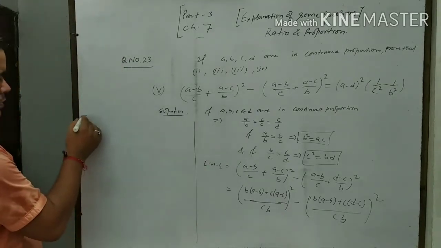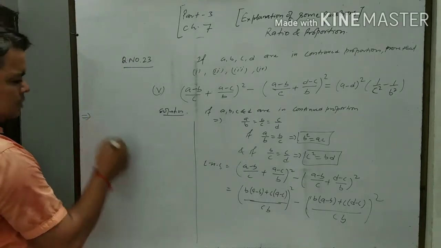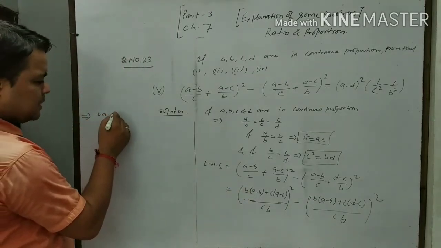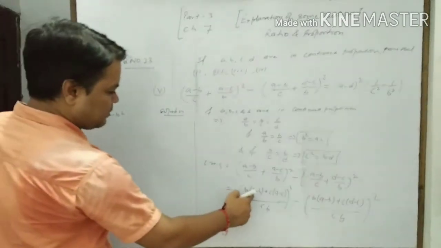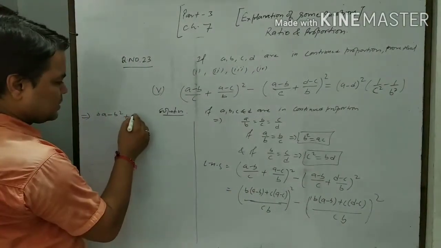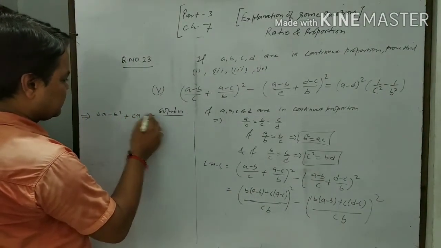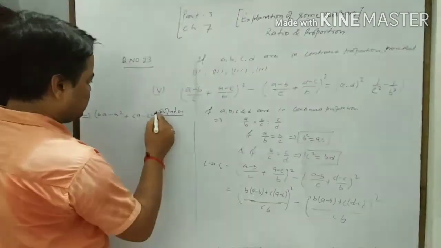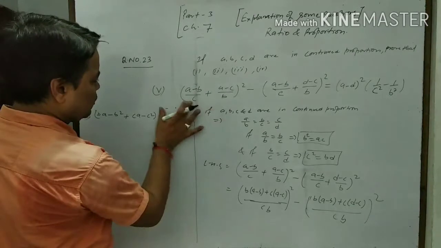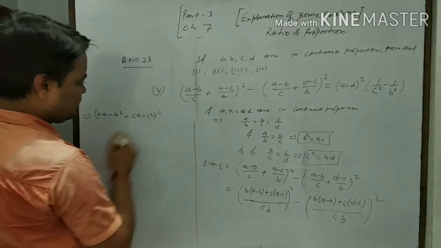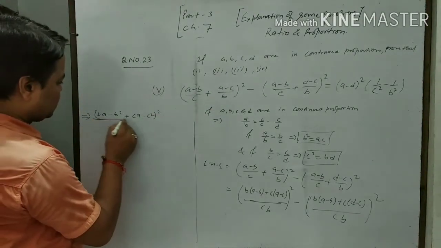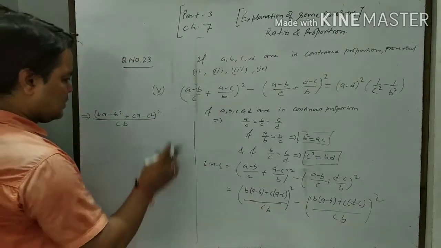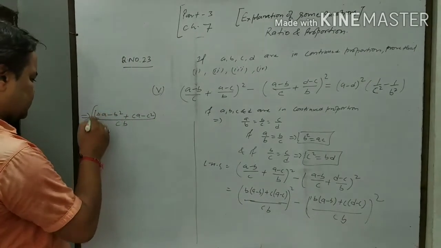It will be in this form. If we multiply, it will be ba minus b square plus ca minus c square, this whole square, upon cb.